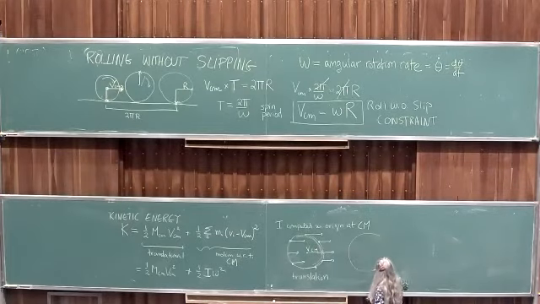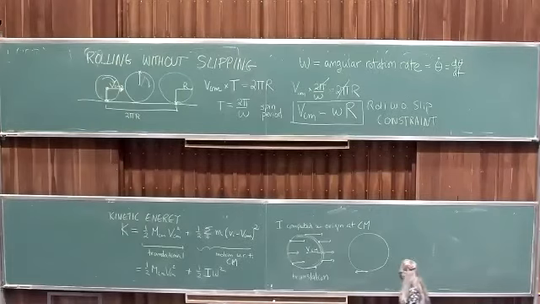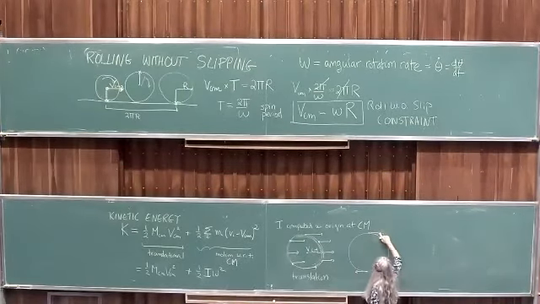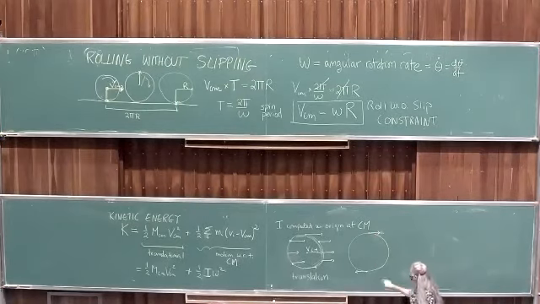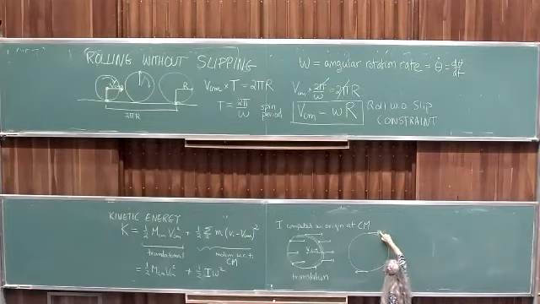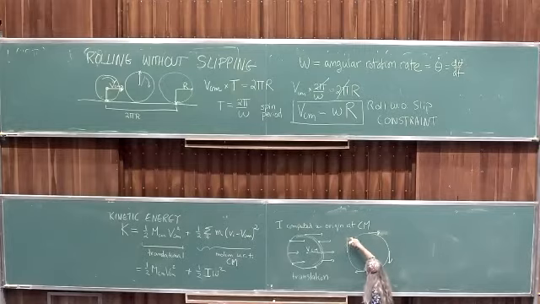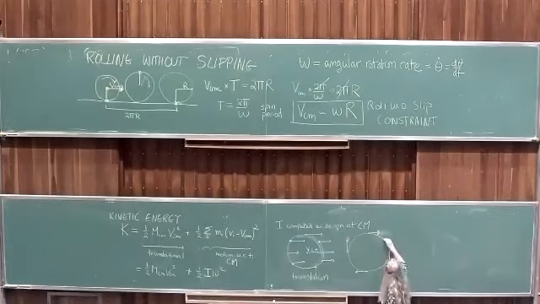And then we have the rotation. So if it's roll without slip, the bottom isn't moving. So that's exactly opposite that. And that means the top has to be moving faster, so it's actually twice as big. The final motion is twice as big, but the rotation is the same.